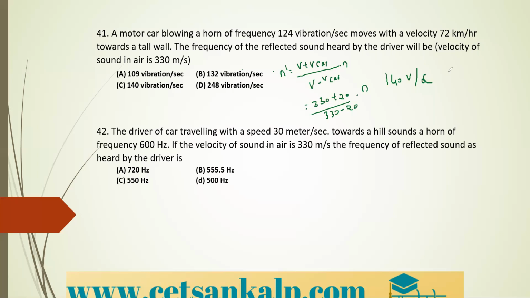So next question, similar to that. The driver of a car traveling with a speed 30 meter per second towards a hill sounds a horn of frequency 600 Hz. If the velocity of sound in air is 330 meter per second, the frequency of reflected sound as heard by the driver is?